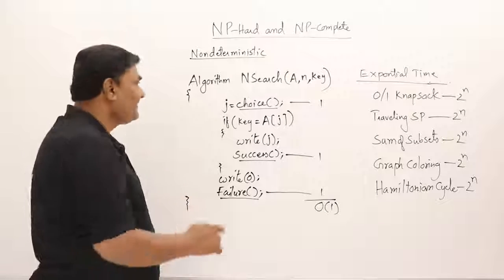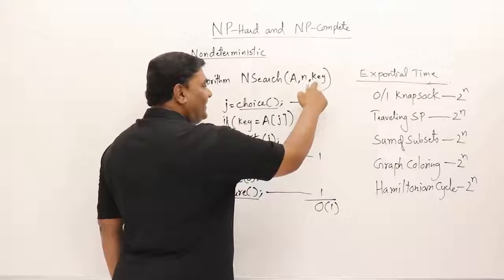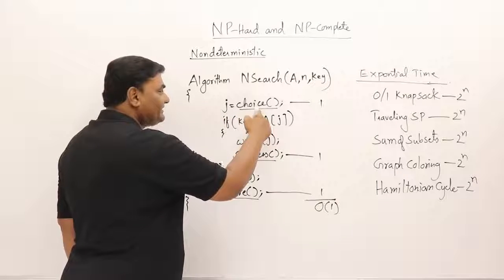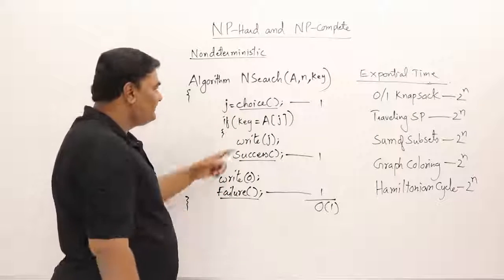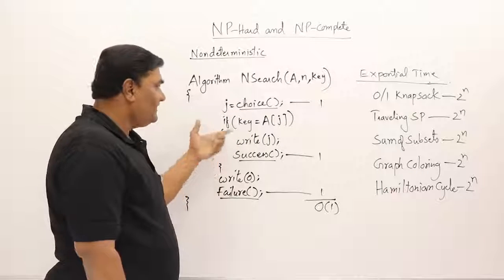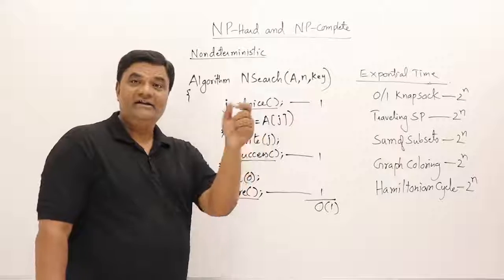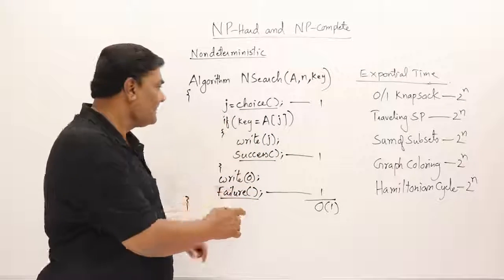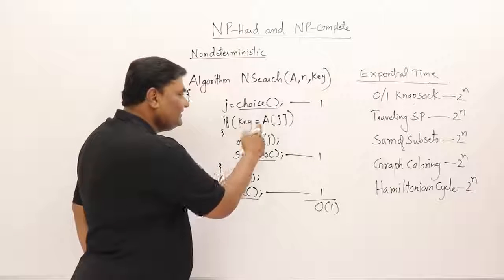From an array, we have to search for a key. So the first statement is what? Choice j. So choice is called and it gives the index j. It is giving us the index of that key element. It is saying that the key element is at position j. And we are checking whether the key element is present at j.